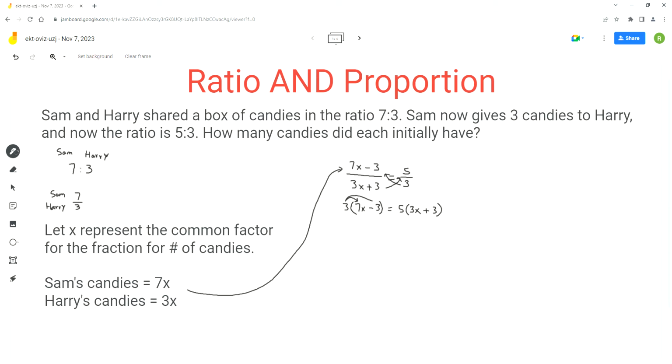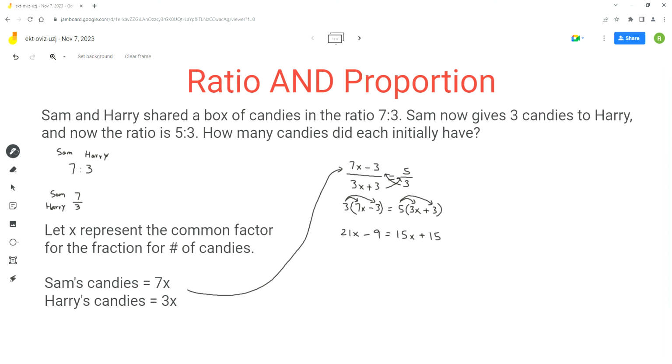So we multiply each term in the parentheses by the outside number. So we get 21x minus 3 times 3, which is 9, equals 5 times 3, which is 15, and then another 5 times 3, which is 15.